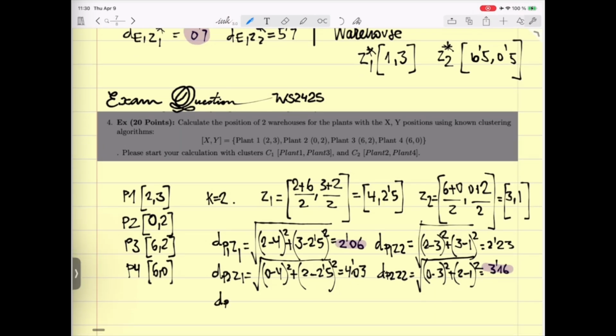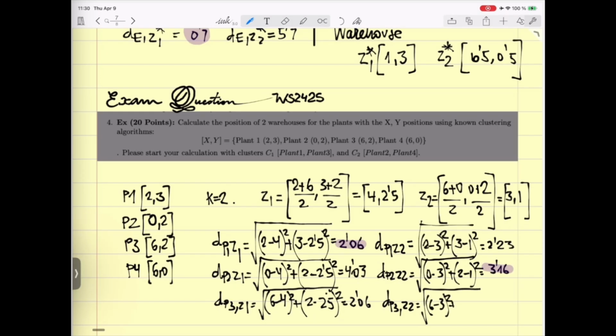Distance between P3 and Z1 equals the square root of 6 minus 4 squared plus 2 minus 2.5 squared. That's 4 plus 0.25, and then square root, 2.06, and distance between P3 and Z2 equals 6 minus 3 squared plus 2 minus 1 squared.